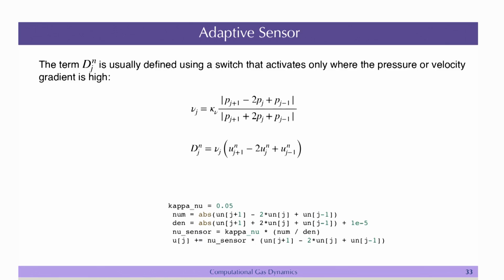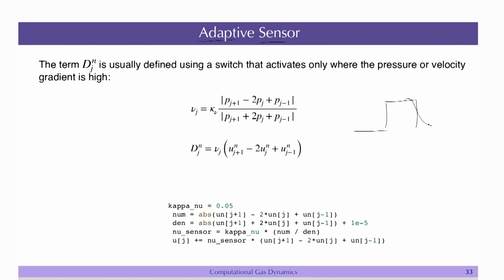Now, if you use an adaptive sensor, so the sensor that we talked about earlier, there was no sensor there. What we said is that we are adding dissipation everywhere. So when you add the dissipation everywhere, it will not only smoothen out in this part, but everywhere.